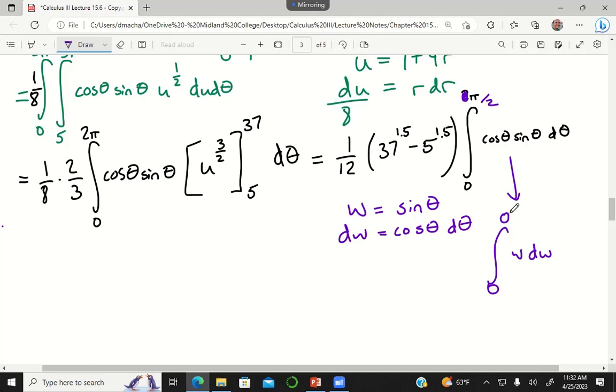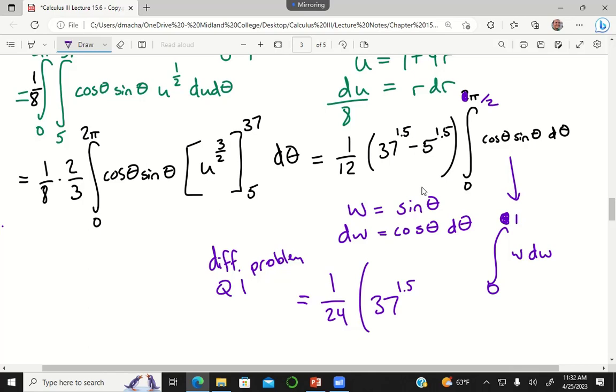And what is sine of pi over 2? It's 1. And the antiderivative is 1/2 w squared, so this would be 1/2. So the value of that flux integral, for this different problem where we only consider quadrant 1, would be 1 over 24 times this really ugly constant.